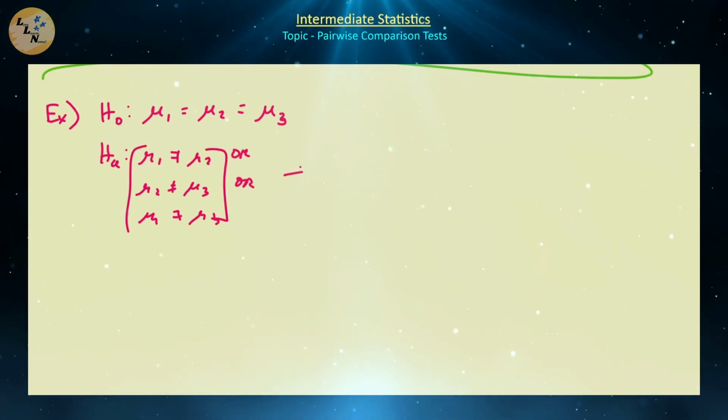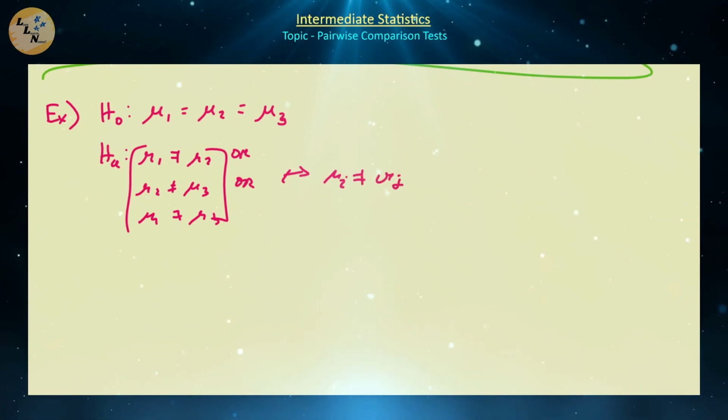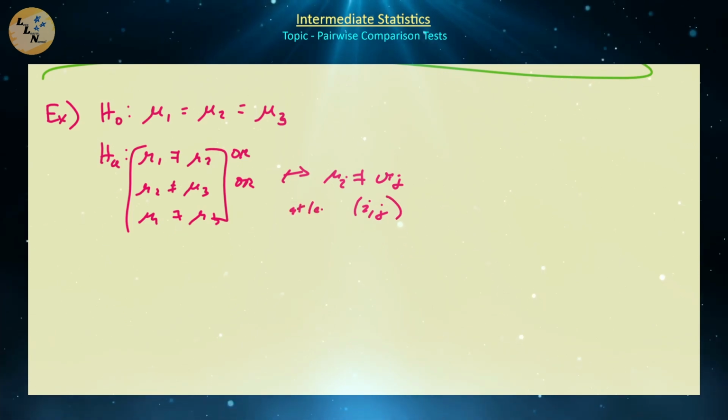That's equivalent to writing that mu_i does not equal mu_j for at least one pair ij, right? At least one pair ij. So that's actually the same exact thing, just in case you're curious.